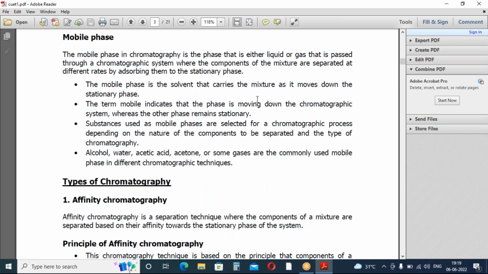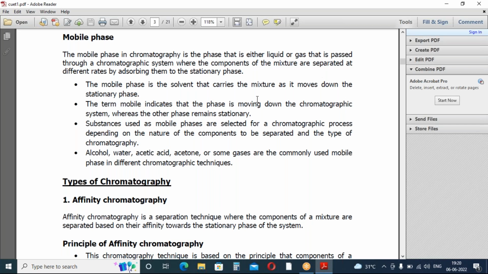We have to choose the mobile phase also for the separation of different components. The solvent is mainly present in high amounts, and as the solvent we can take alcohol, water, acetic acid, acetone, or some gases as the mobile phases.